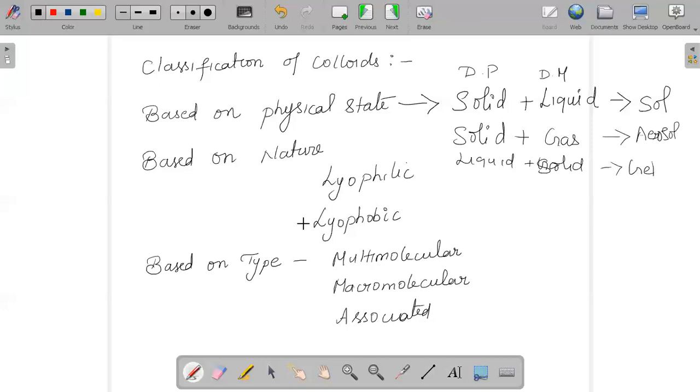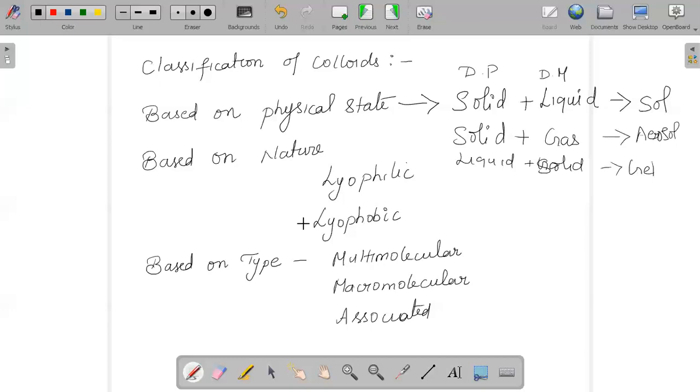For example, gum, gelatin, rubber. They are mixed directly with a suitable liquid, and that liquid is considered the dispersion medium there. Hence we say that it is a lyophilic colloid.